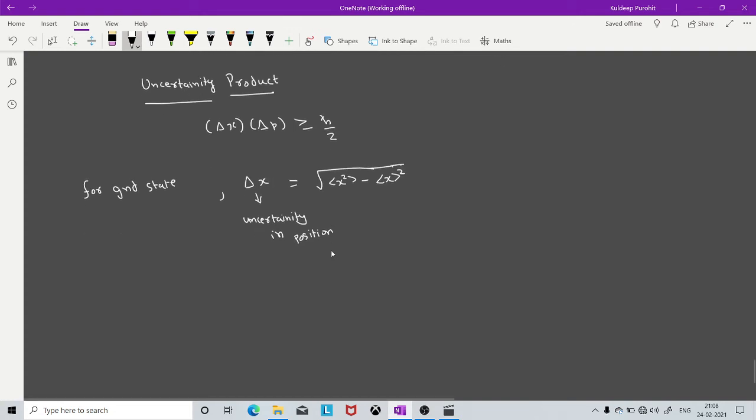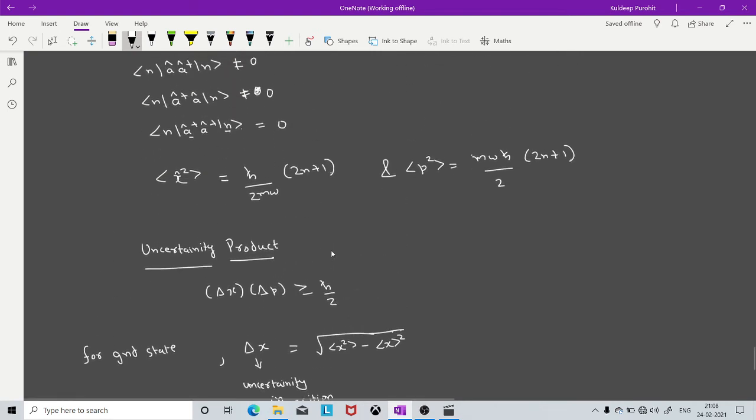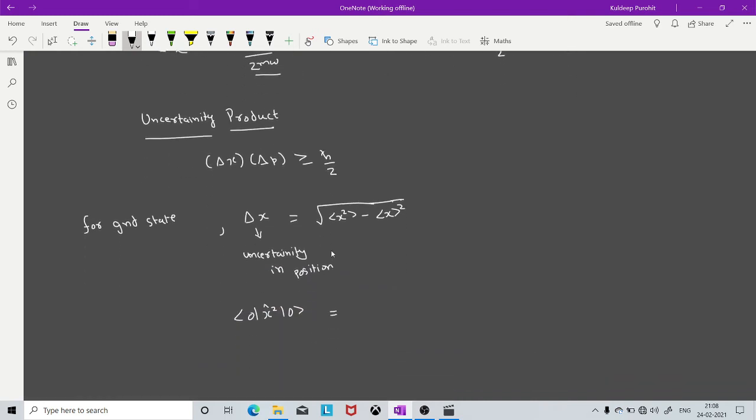If I calculate this for the ground state, what will be the value of the expectation of x square? I keep n equal to 0, so I will get h cross by 2m omega from this relation. And as we know that the expectation value of x is equal to 0 for any state, the square of this will also be equal to 0.